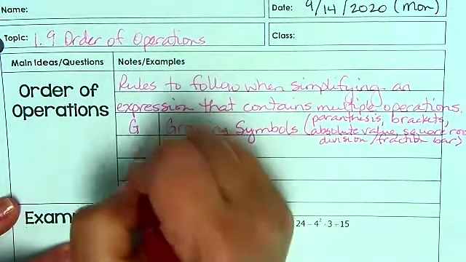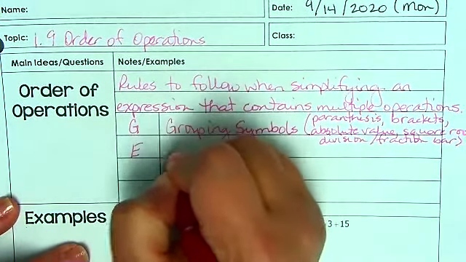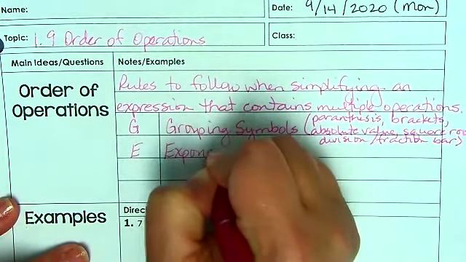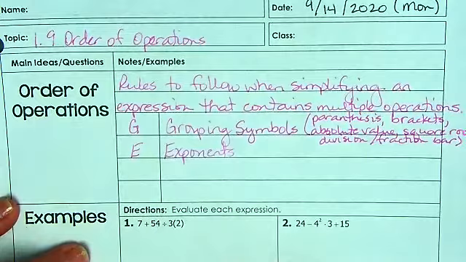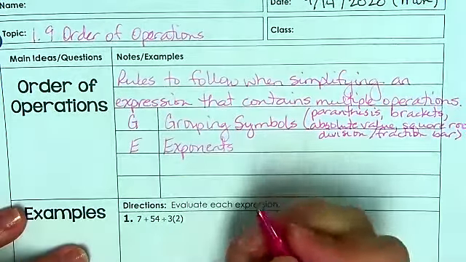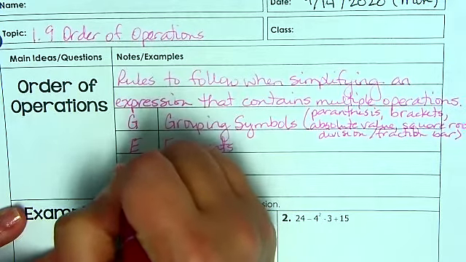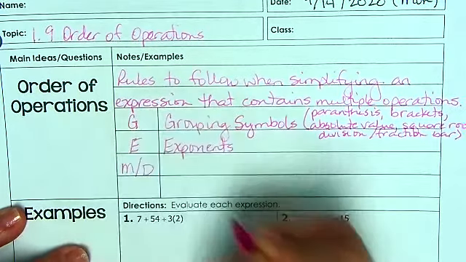And next we have E for exponents. Okay. Then we have multiplication or division.